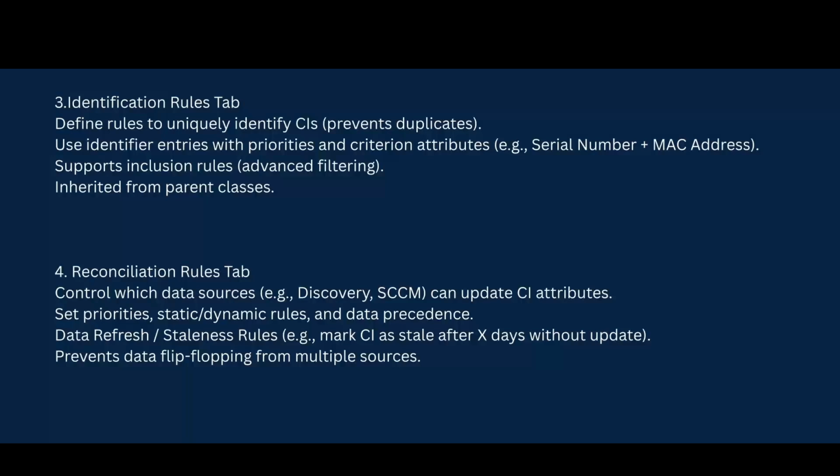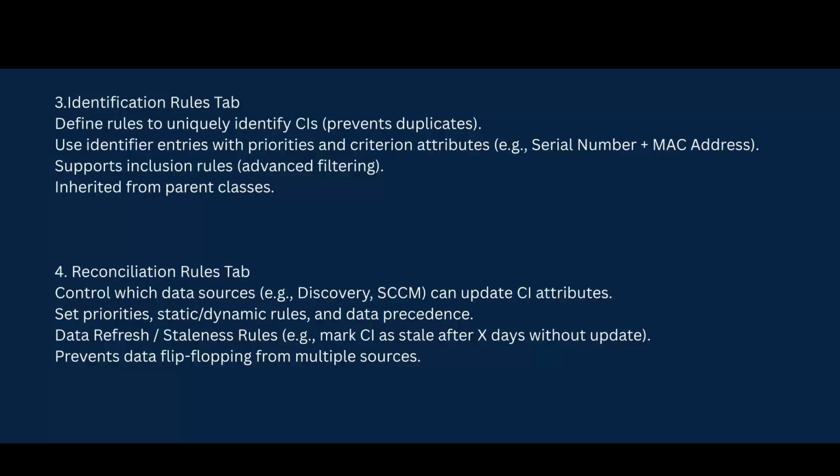Data refresh staleness rule, like if a particular CI needs to be marked as stale if it is not updated for X number of days, then we can define that in the reconciliation rules tab. Prevents data flip flopping from multiple sources. So let's say if it is coming from multiple sources, it might be named in multiple different ways. So reconciliation rules actually help us prevent that particular flip flopping from happening.